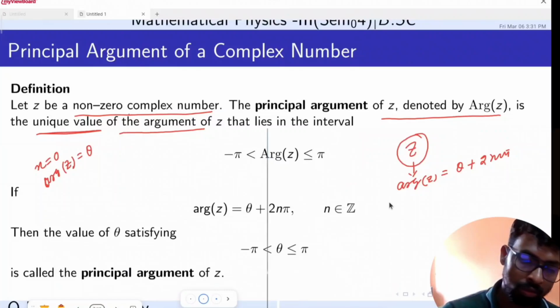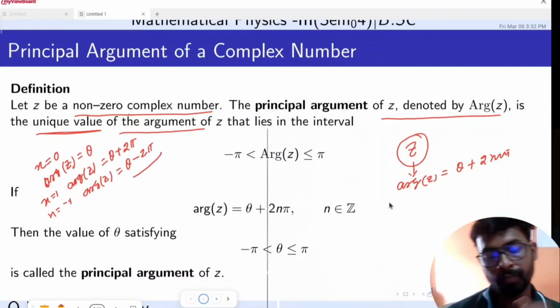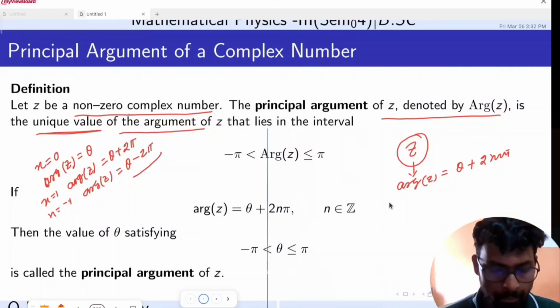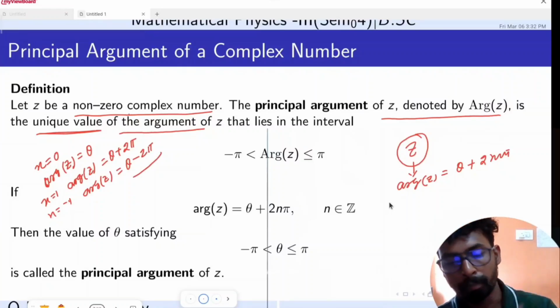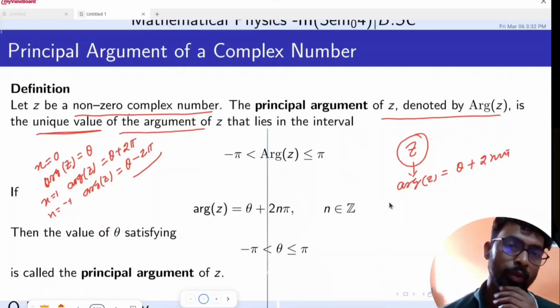When n equals 1, argument of z is equal to theta plus 2 pi, right? And when n equals minus 1, then argument of z is equal to theta minus 2 pi, and so on, right? So for a complex number there are many arguments, right?